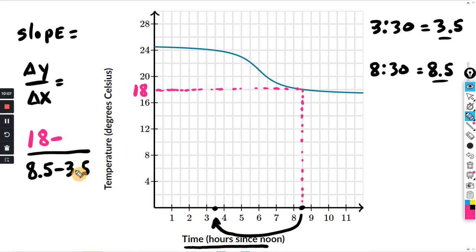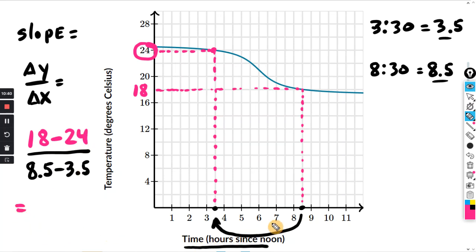And the y-coordinate at 3.5, here's 3.5. We're going to trace that one to the graph. It lands right there, and then when we go to the y-coordinate, that is a 24. So the y-coordinate for 3.5 is 24.